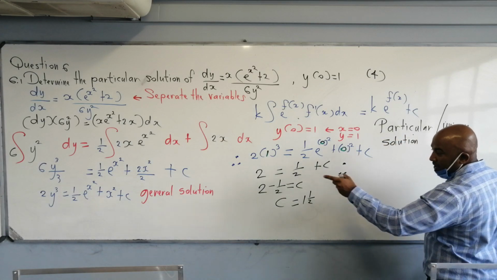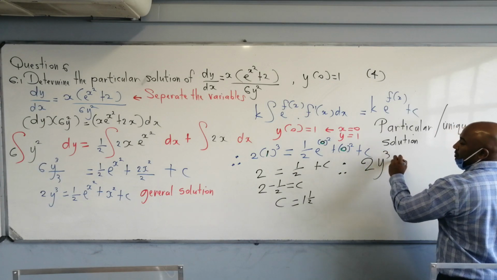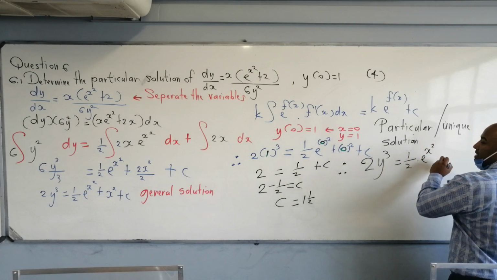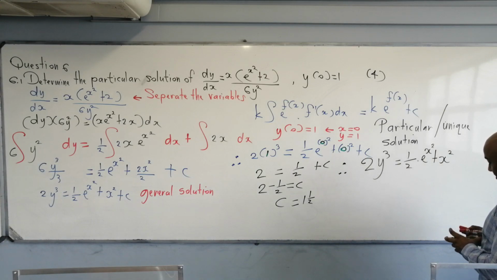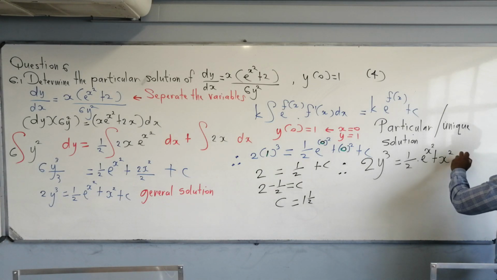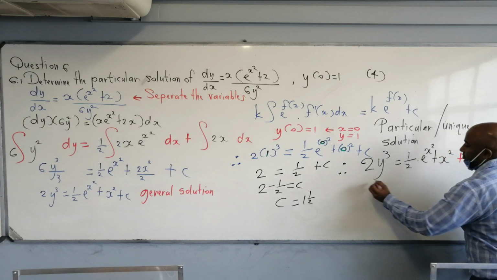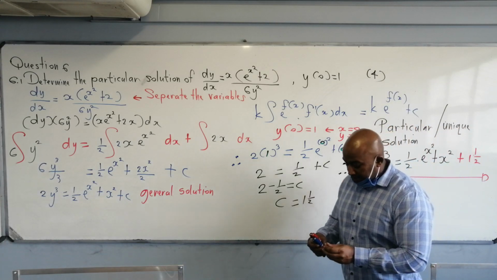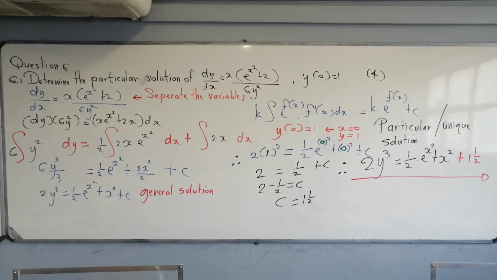You go back, copy down the general solution, which is 2y cubed is equal to half times e to the power x squared plus x squared. And what did we just find now? We found the value of c, which is 1 and a half. So that was 6.1. Let's deal with 6.2.